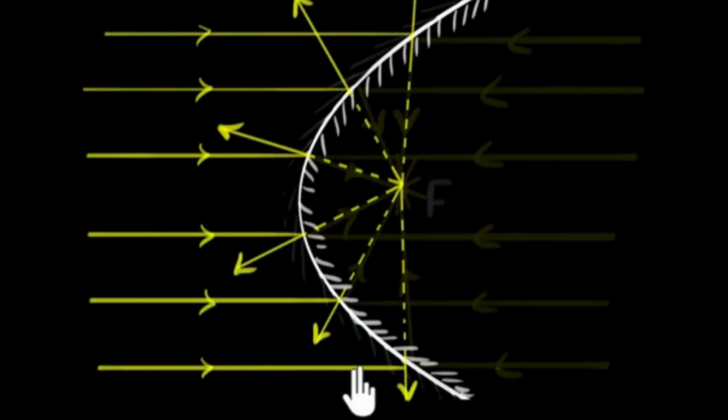Well, because the rules of reflection still hold true. Let's concentrate on this ray. If we were to reverse this, this becomes the incident ray, this becomes the reflected ray, and we can draw a normal somewhere over here. When we reverse this, the incident angle becomes the reflected angle, and the reflected angle becomes the incident angle. But they're still equal to each other.